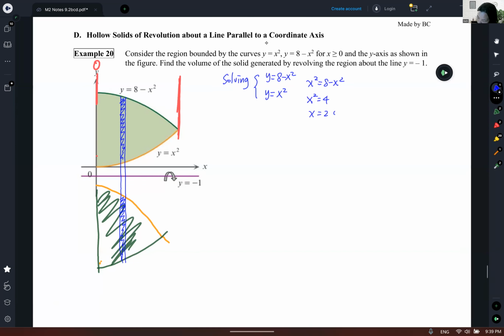This one is rejected. Okay, so this one is (2, 4). So I'm integrating from 0 to 2. Now as to the ring, this is the smaller r. I'm still using pi r squared minus r squared. So this one is the smaller r. This one is the bigger r.